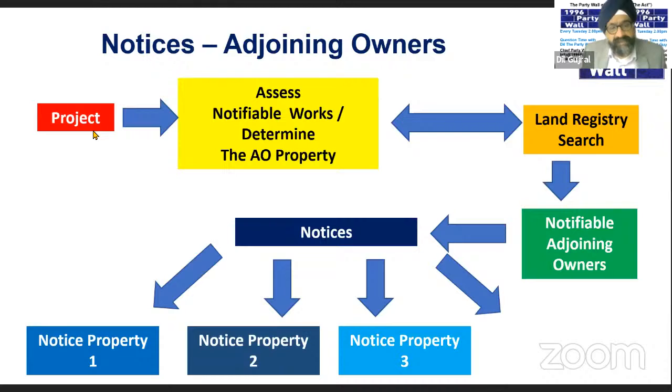illustration there. So this is why you go project, notifiable works, and I've combined it in there. It perhaps wants to be separate. Determine the property that those rules apply to. So section 6.1 may not apply to both neighbours, or may apply to 3 or 4 neighbours if you're looking at outhouses.